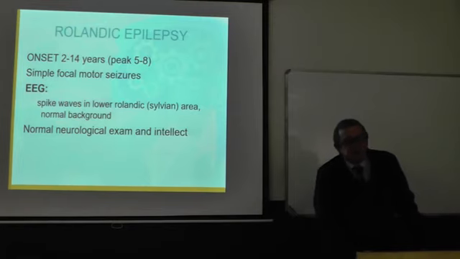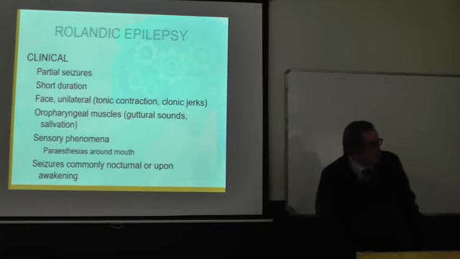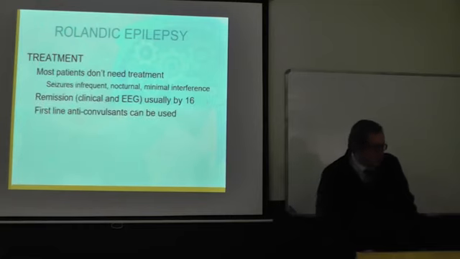But we've started to realize that it's often associated with other subtle learning problems or attention problems. So it usually starts in the face, tonic contractions, oropharyngeal muscles, so the children make these sounds. They may feel paresthesias around the mouth, and it's often, as I said, at night or upon awakening.